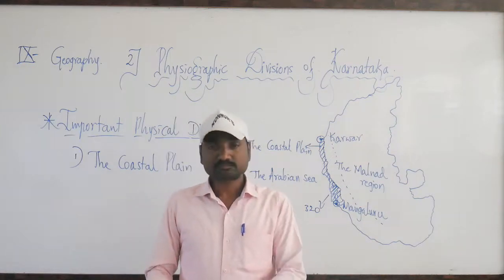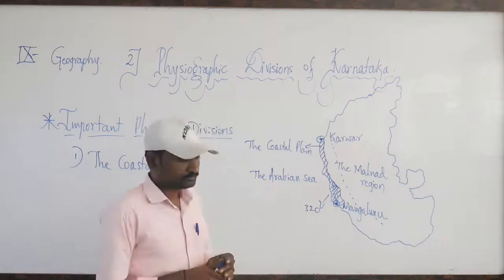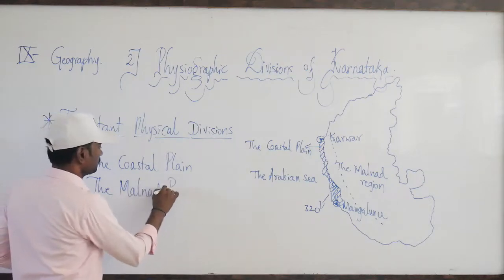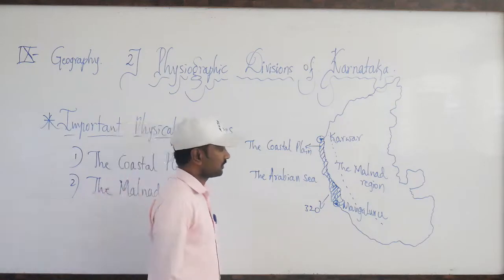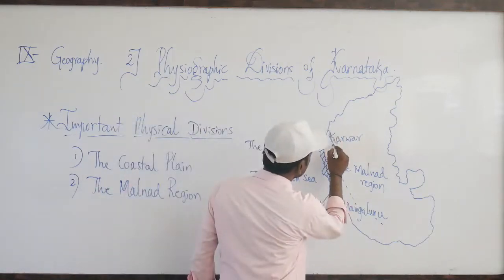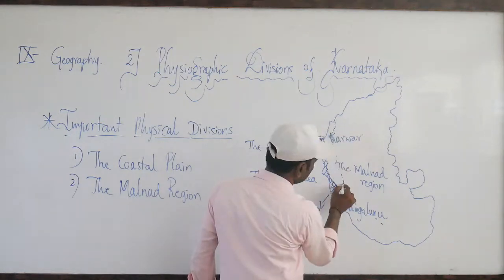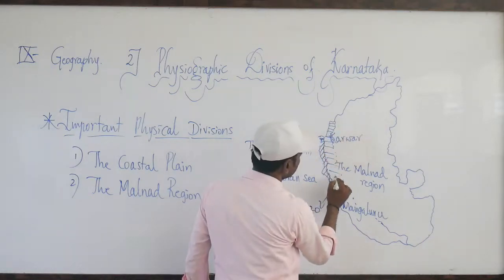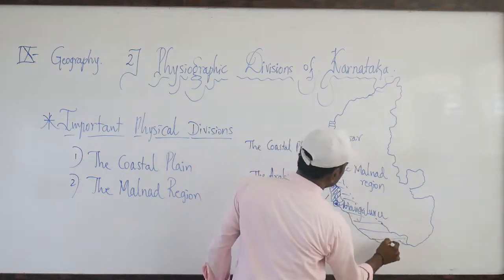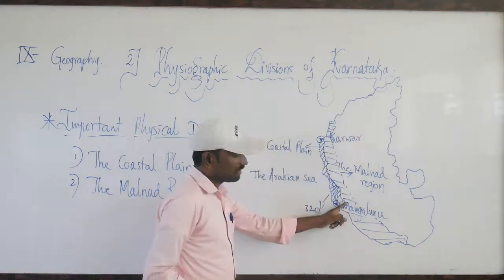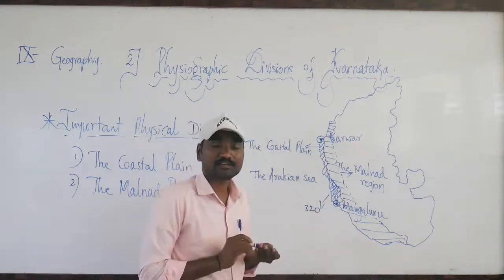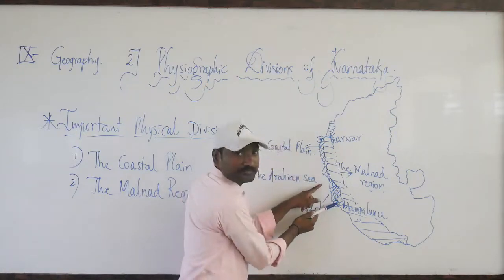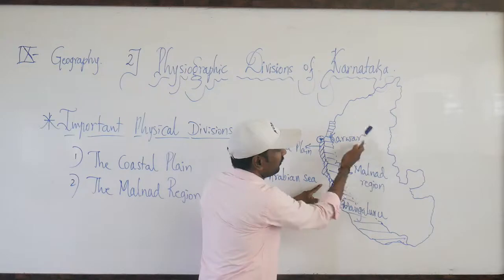The next one is the Malnad region. The Malnad region is located between the coastal plain and the Maidan region.